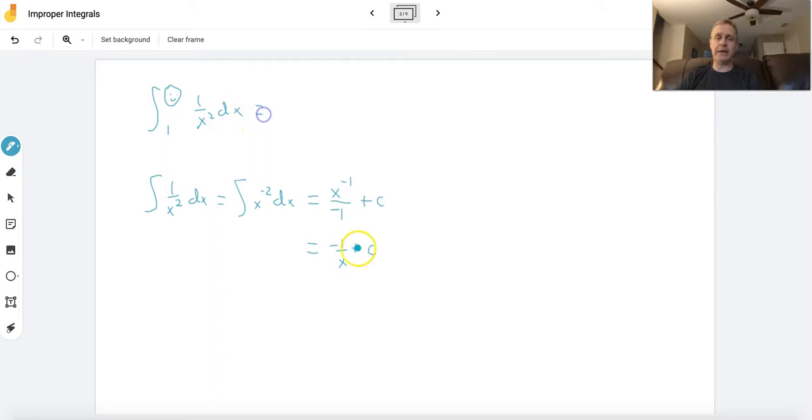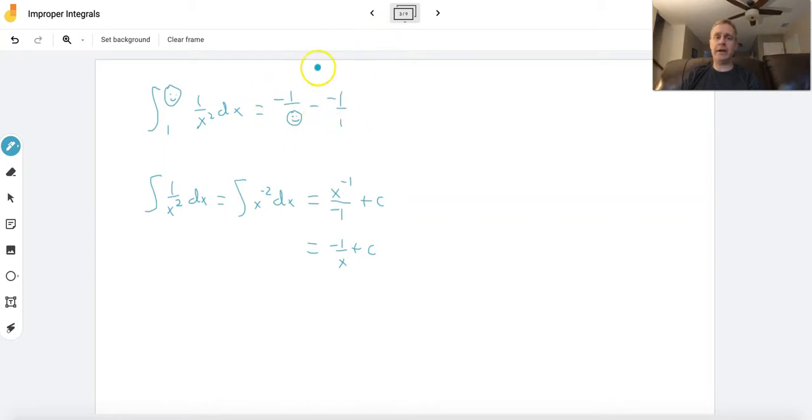Using that antiderivative, I can now evaluate this definite integral. We plug in the upper limit first, and then subtract what we get when we plug in the lower limit. The value of this definite integral becomes negative 1 over Mr. Smiley Face minus negative 1 over 1, which is really just plus 1.